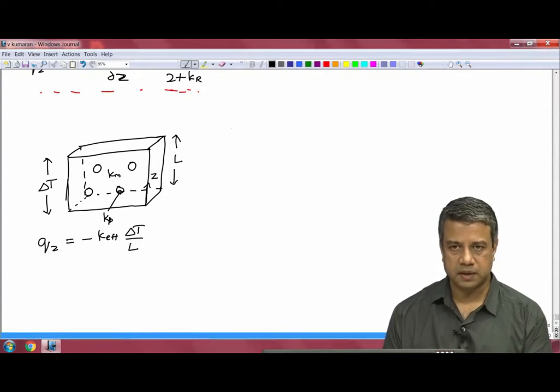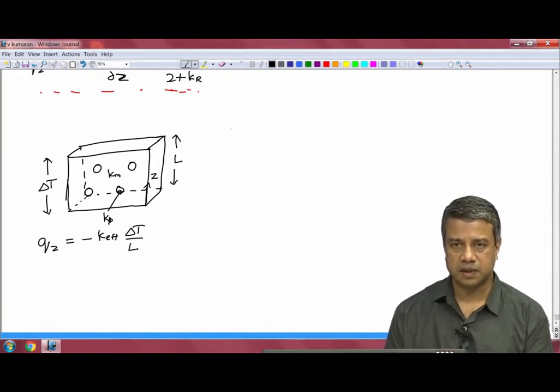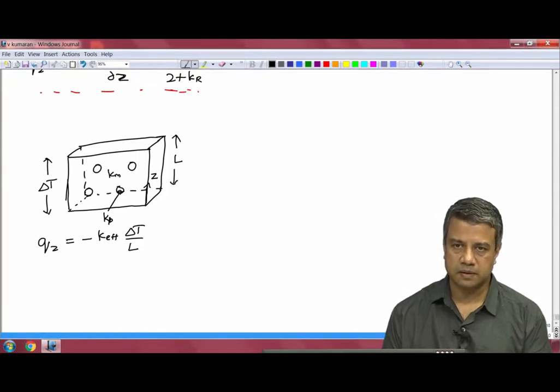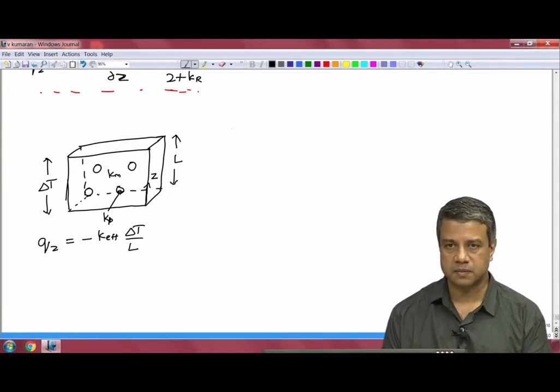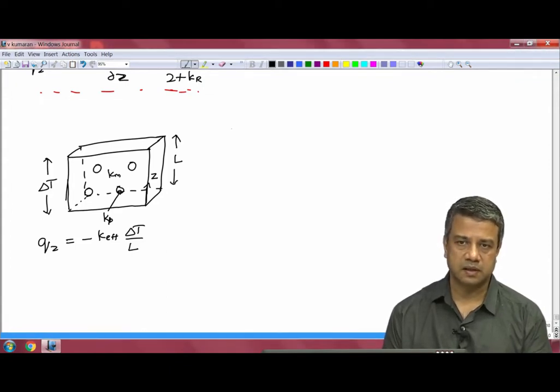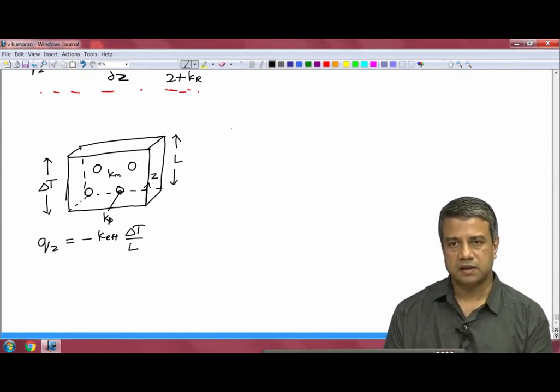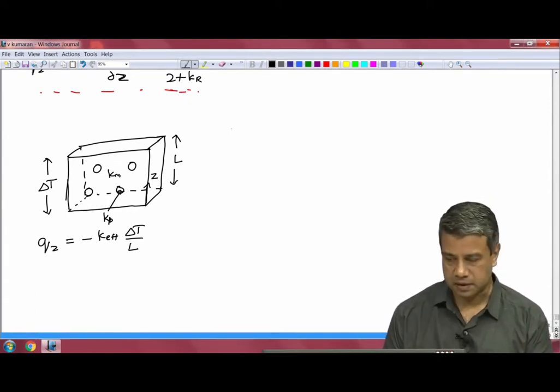In the dilute limit, the temperature disturbance due to the presence of one particle does not affect the temperature field around another particle. So the particles are well separated by a distance much larger than the particle diameter, so that the disturbance around one particle, which will propagate to a distance approximately comparable to the particle diameter, does not affect the temperature around another particle.